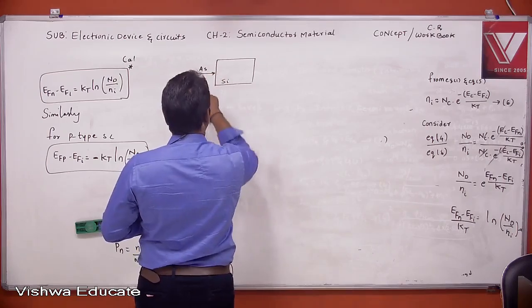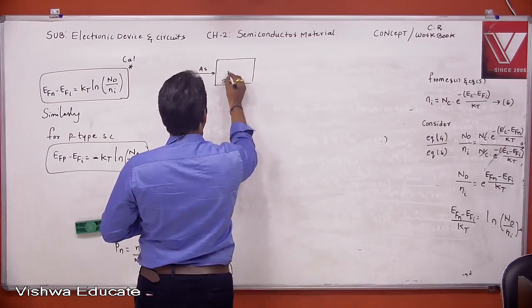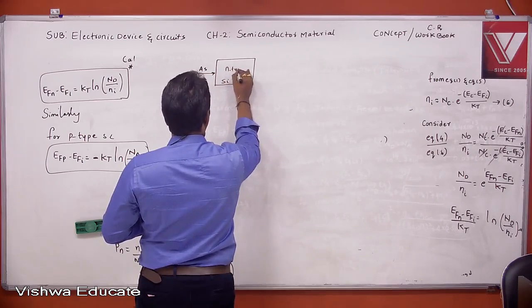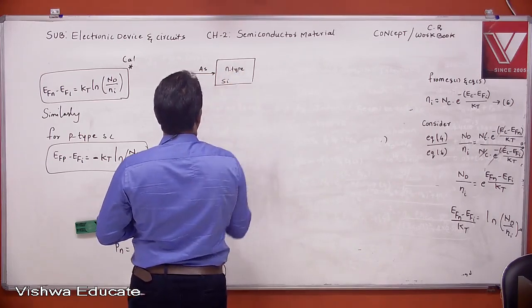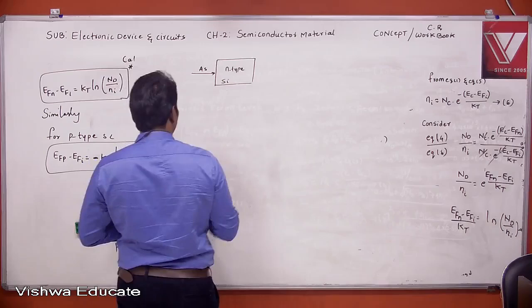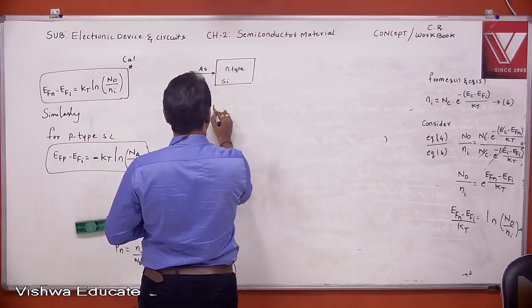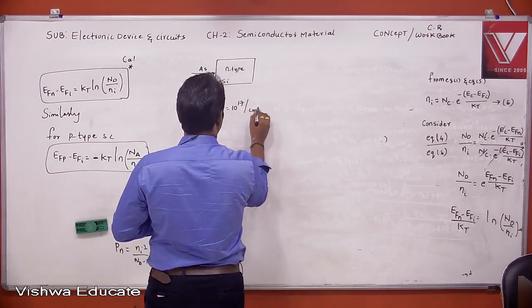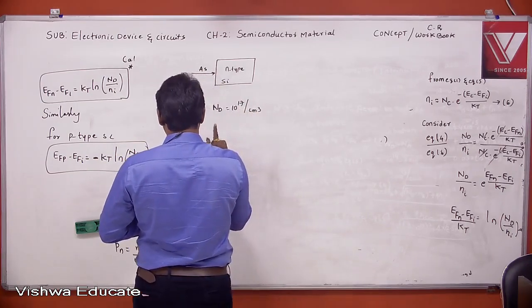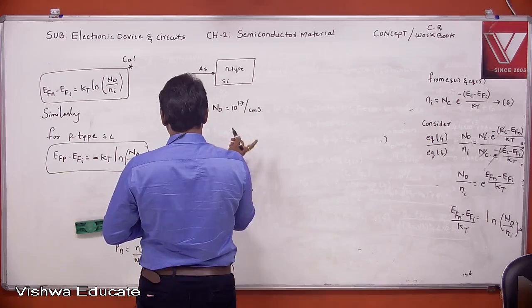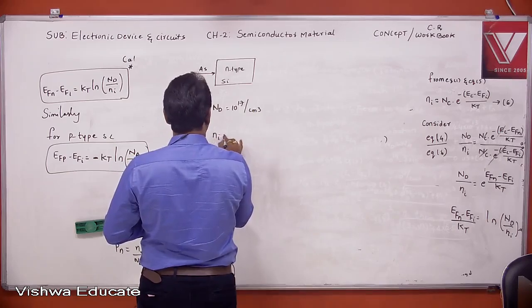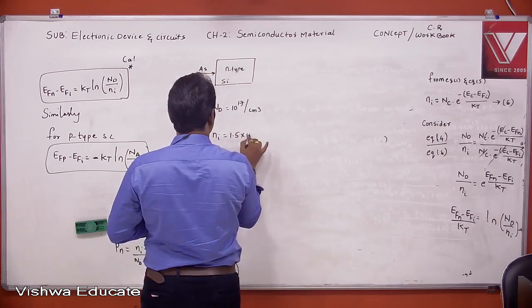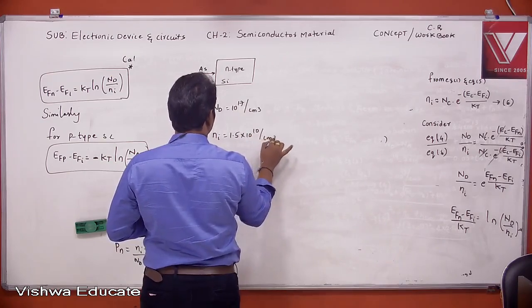It is doped with arsenic, which means it becomes an n-type semiconductor because it is pentavalent. Now the semiconductor is n-type. How much amount? 10 power 17. That means Nd, they gave 10 power 17 per centimeter cube. Find the Fermi level of the doped sample with respect to the undoped sample if Ni equal to 1.5 into 10 power 10 per centimeter cube. Right.